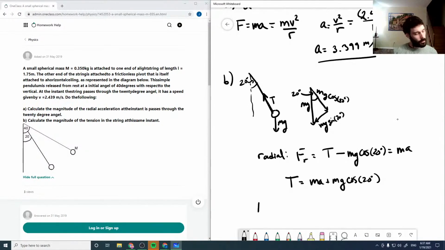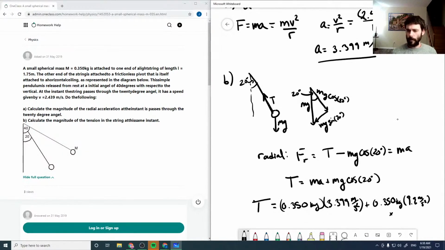So then our tension is going to be 0.350 kilograms times our 3.399 meters per second squared, plus 0.350 kilograms, 9.8 meters per second squared, and times the cosine of 20 degrees.